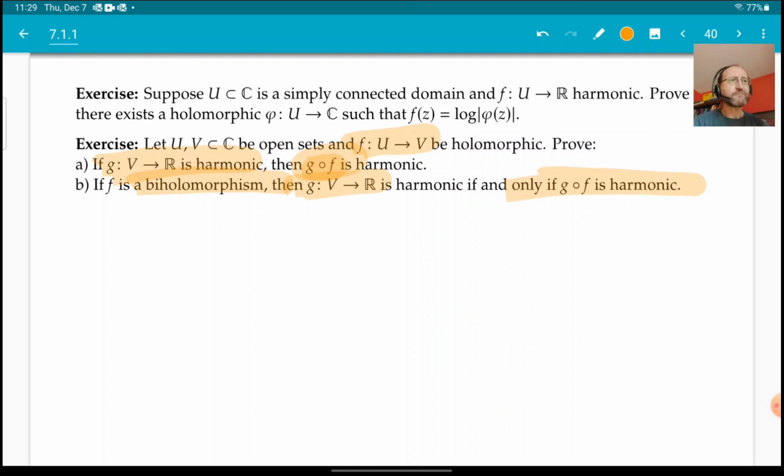So if you figure out how to solve the Laplace equation in a disk, right? Like the typical thing that we'll actually look at is suppose that we have boundary values, so values on a circle, and we want a harmonic function inside with those boundary values, right?